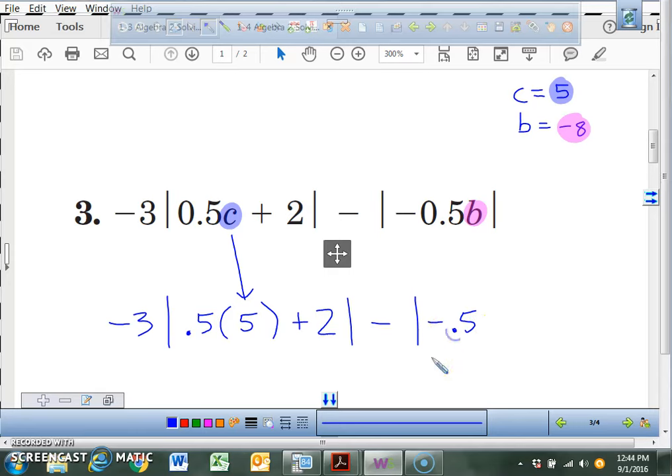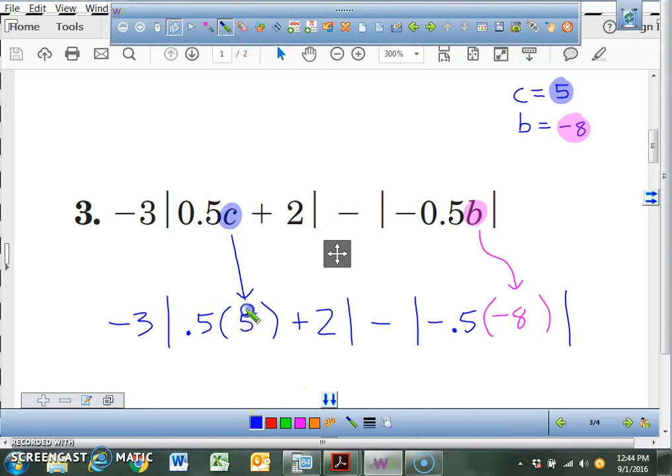I'm going to open up this parentheses, and what am I going to plug in for the B value? Negative 8. So that's the first thing I'd like you all to do. Get that all written down correctly in your journal, exactly as that appears.